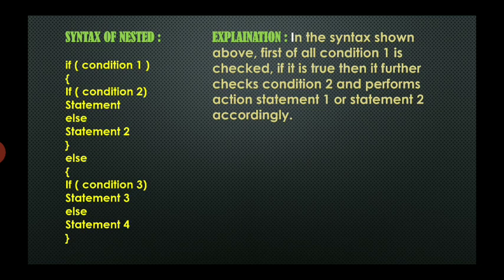If it is true, then it further checks condition 2 and performs the action, either statement 1 or statement 2, accordingly. If condition 2 is satisfied, then it will display statement 1, and if condition 2 is not satisfied, then it will display statement 2.